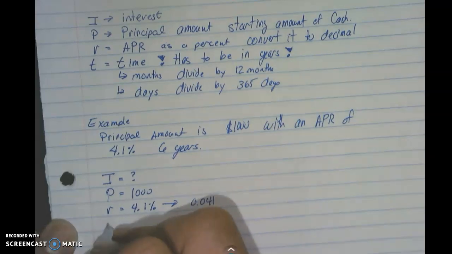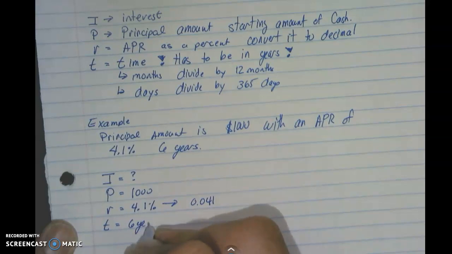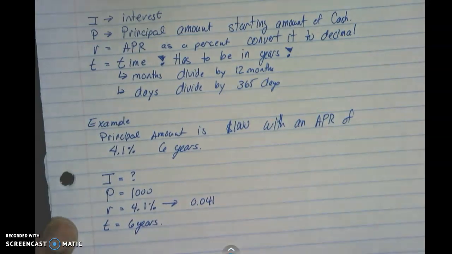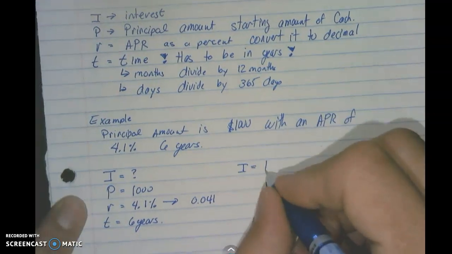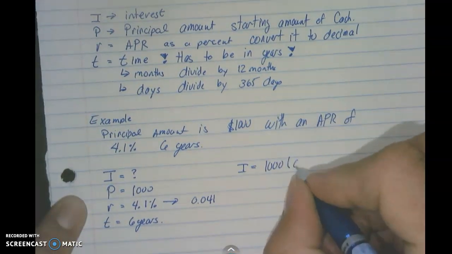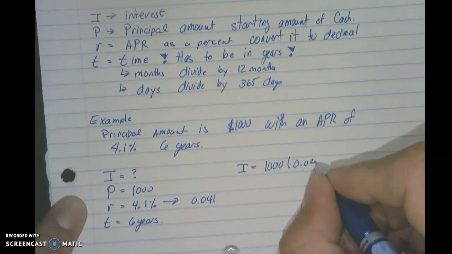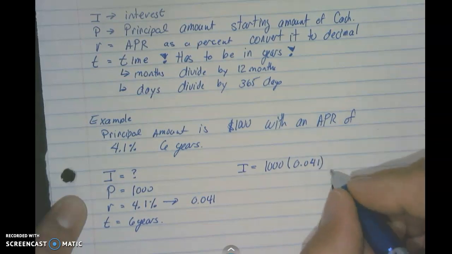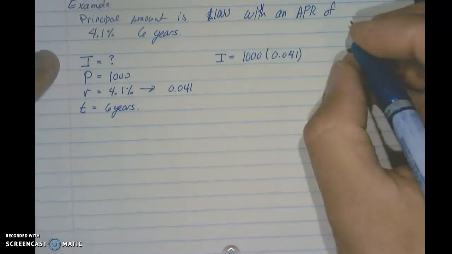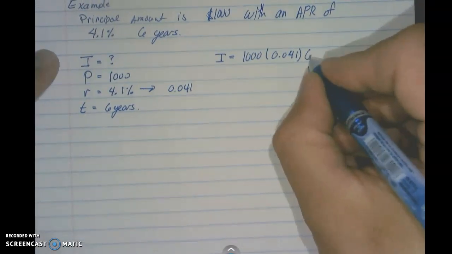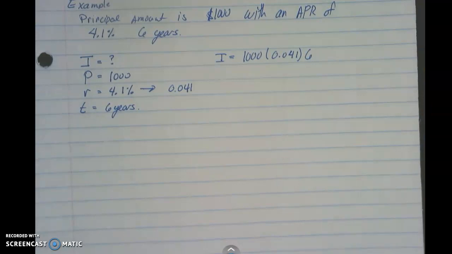Okay. And then we're going to go for time, which is 6 years. So then if I write my formula out, my P is 1,000. My rate is 0.041. I gotta scoot that up a little bit for Hayden. And then I'm gonna times that by 6. And then I'm just gonna use my calculator.